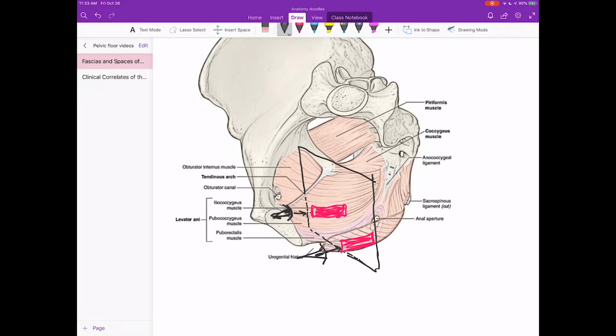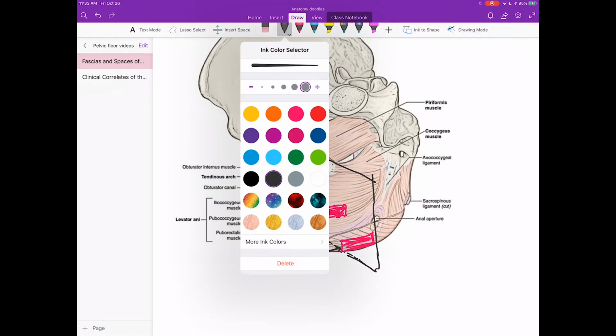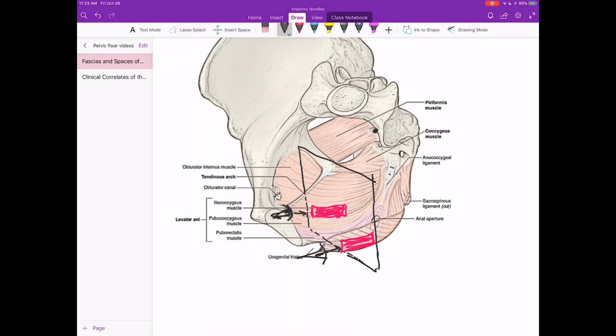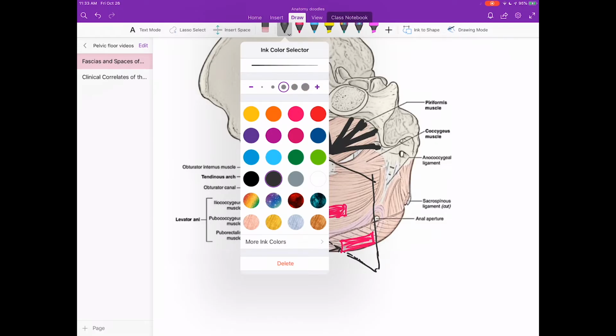The pudendal nerve emanates from the sacral plexus. So let's draw that here. So we're going to have our sacral nerves, which come out this way. And from that sacral plexus will be the pudendal nerve.